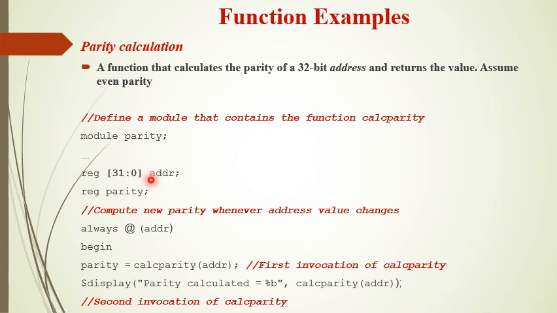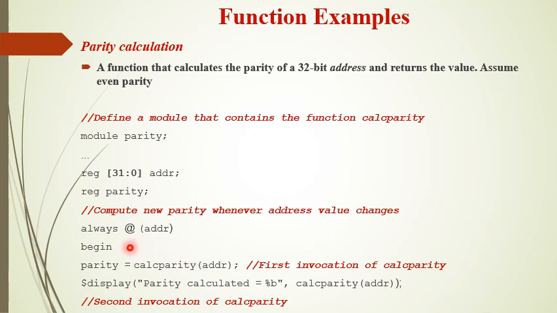We declare a 32-bit register address ADDR and parity as a single bit register. Now, whenever a new value is loaded into the address register, we want to check for the parity. So for that, parity equal to calc parity.